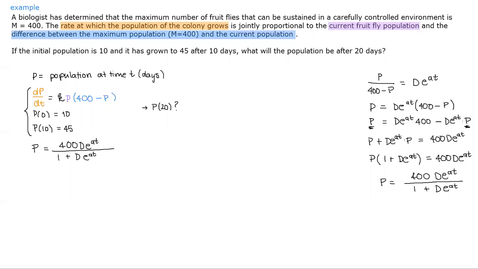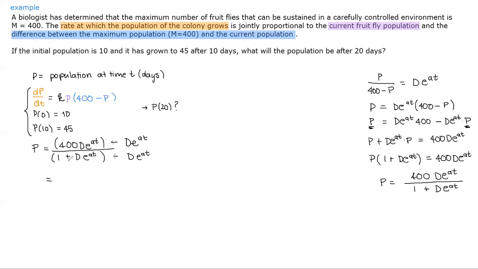So what I'll do now, and this will simplify life a little bit afterward, is to divide both the numerator and the denominator by d e to the at, right? It's going to give us a nicer expression, but as usual, if you keep it as is, you'll find the same function.